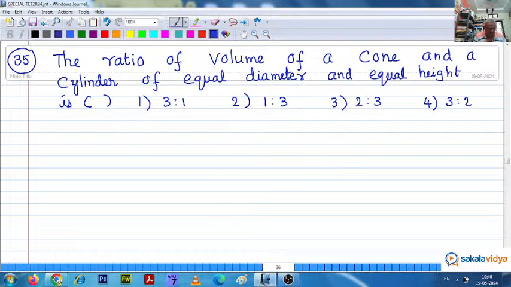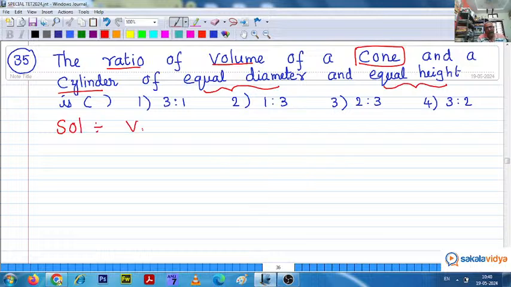Okay, try this question. What is your answer? See, we need to find the ratio of the volume of a cone and the volume of a cylinder with equal radius and equal height. Let V1 be the volume of the cone, whose equal diameter means the radius is also equal.